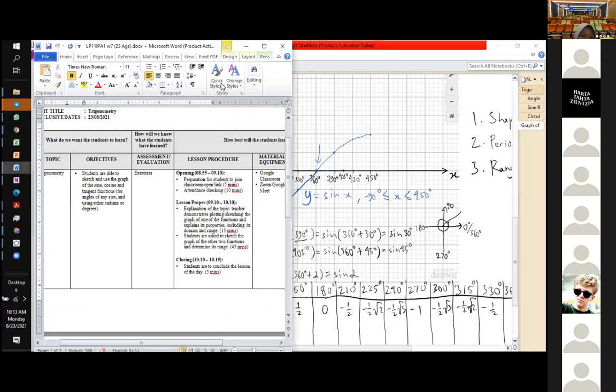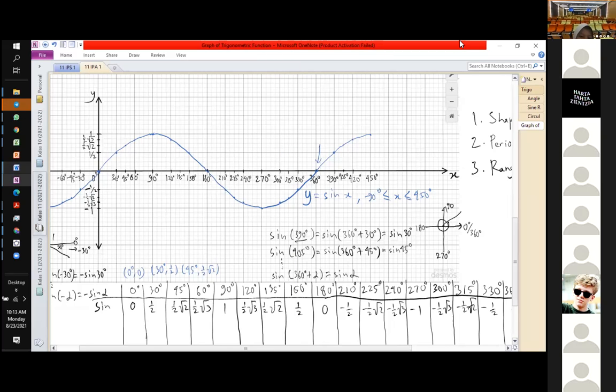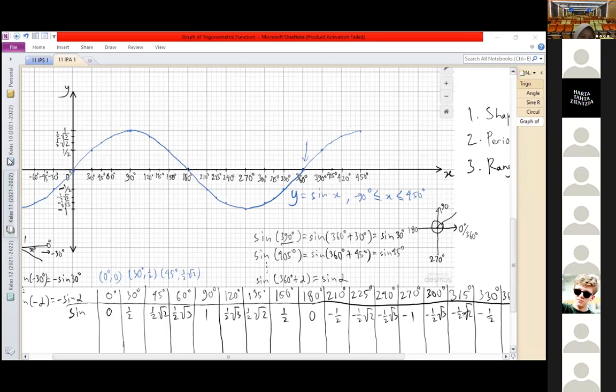So next I want you to plot the other two graphs, which are the cosine graph and the tangent graph, on a millimeter block or a graph paper.